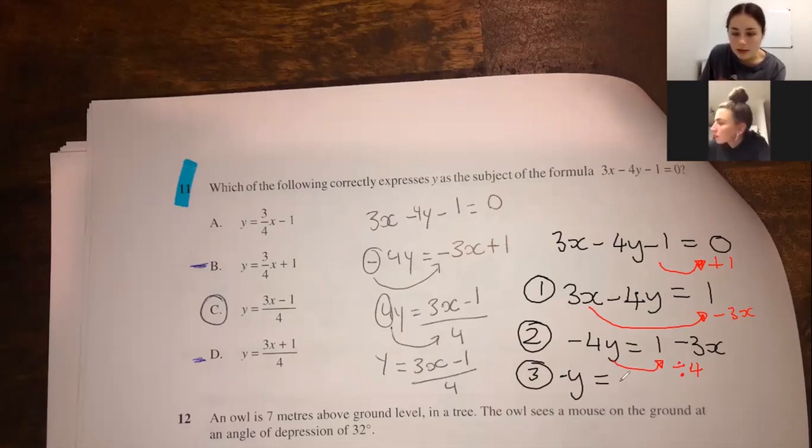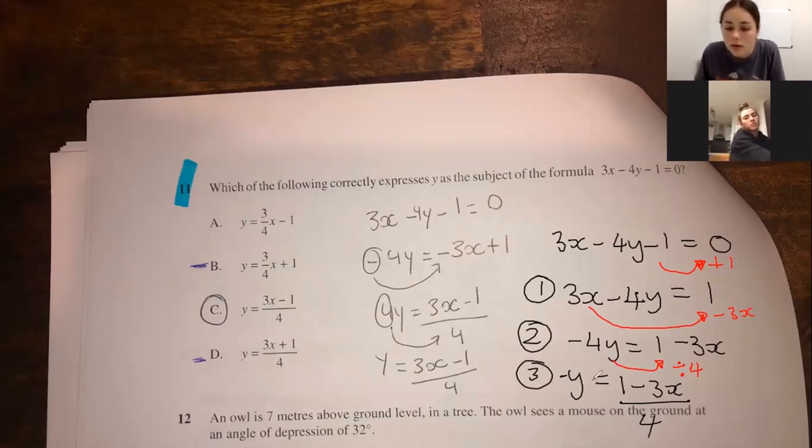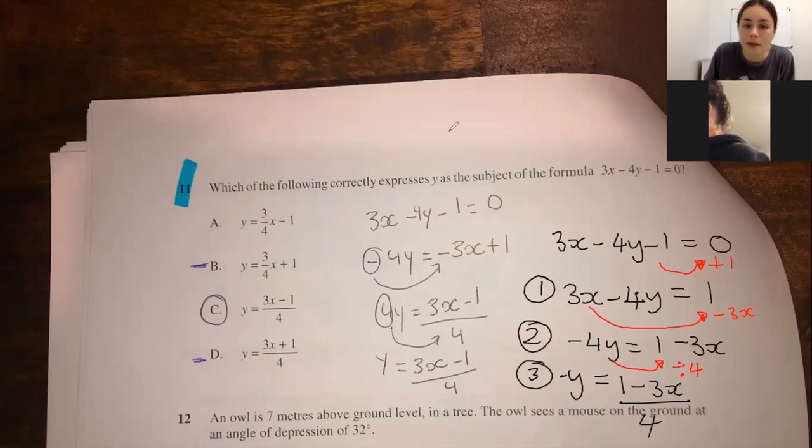So then it's 1 minus 3x over 4. And then when you've got the y as a negative, you can go across and change the symbols of the other side to erase the negative on that side.